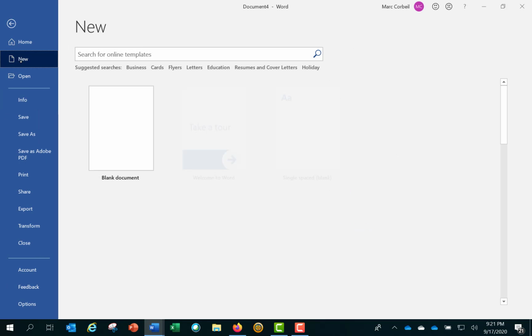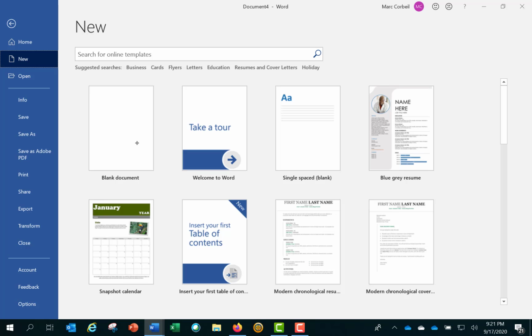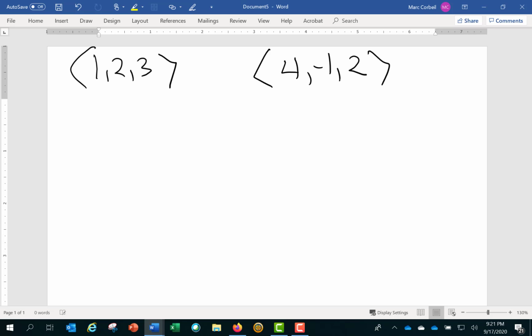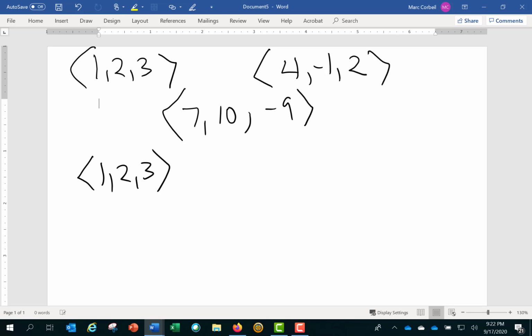So what we have is the vector 1, 2, 3, the vector 4, minus 1, 2, and now the third vector, which is 7, 10, negative 9. If we take the dot product of any of these two vectors, so if I dot 1, 2, 3 with 7, 10, minus 9, what would I get?